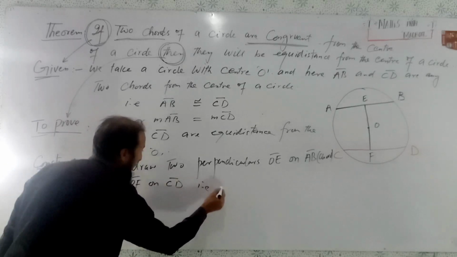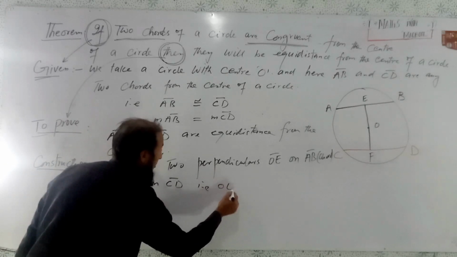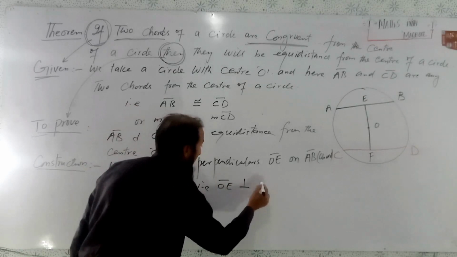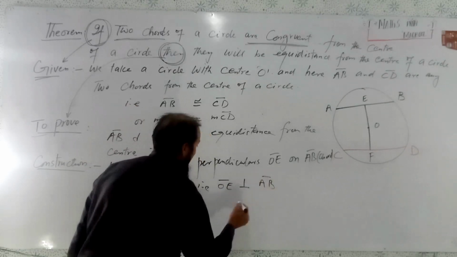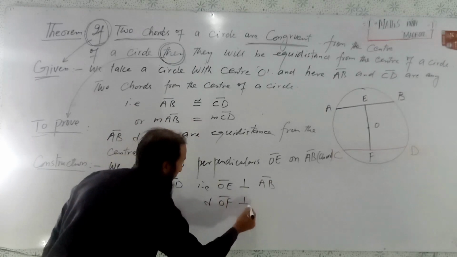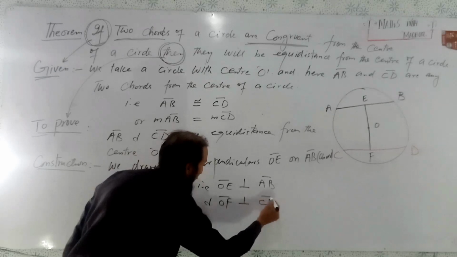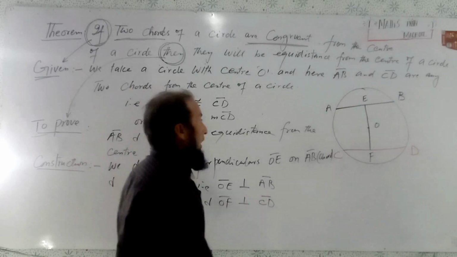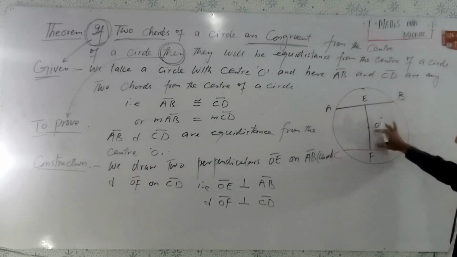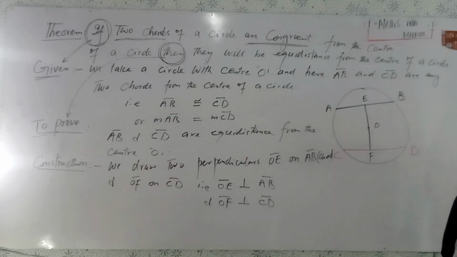That is, OE is perpendicular to AB and OF is perpendicular to CD. Here the line OE is perpendicular to chord AB and OF is perpendicular to CD.